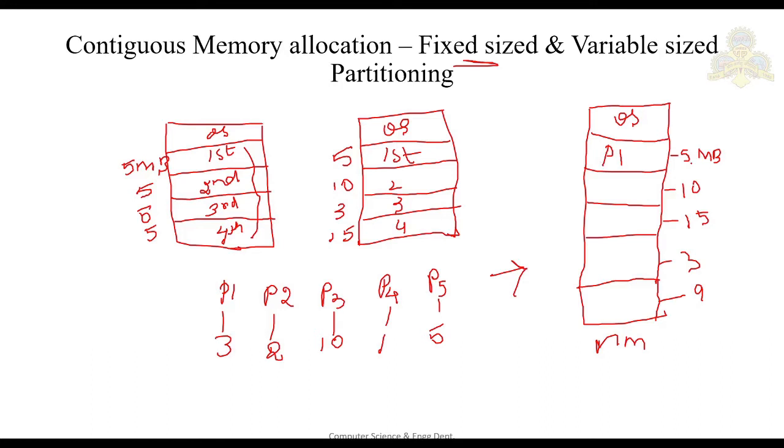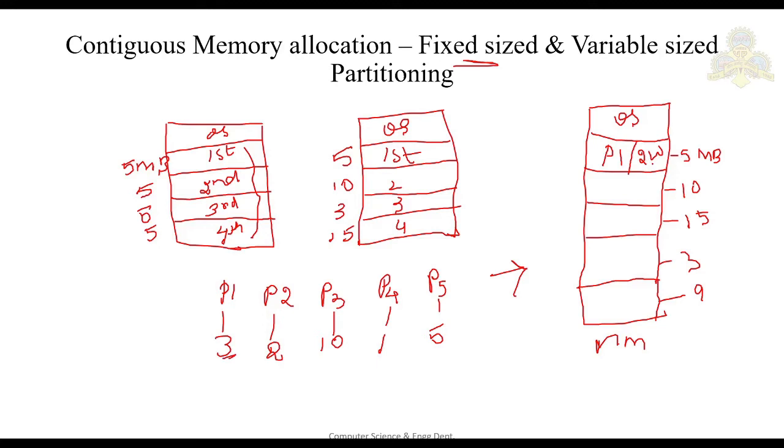That means 5 minus 3, that is 2. You have wasted 2 MB. I'll write here 2W. That means 2 MB has been wasted by process P1, because your process size is 3 MB but the size of this partition is 5 MB.